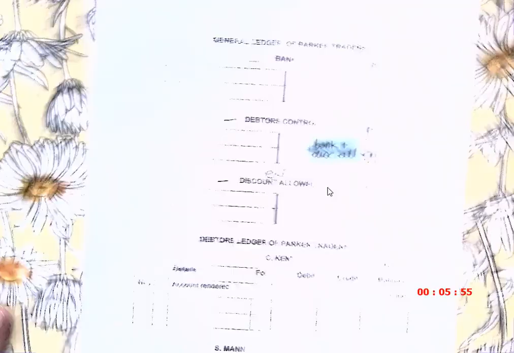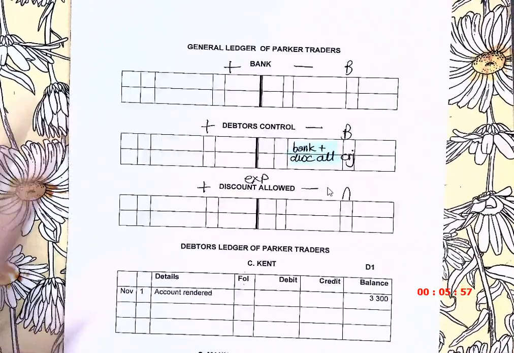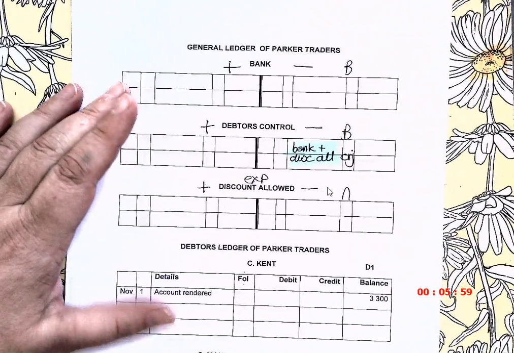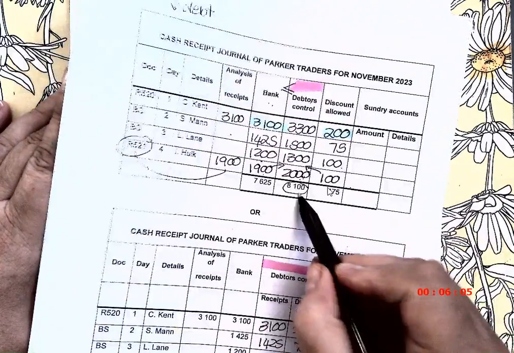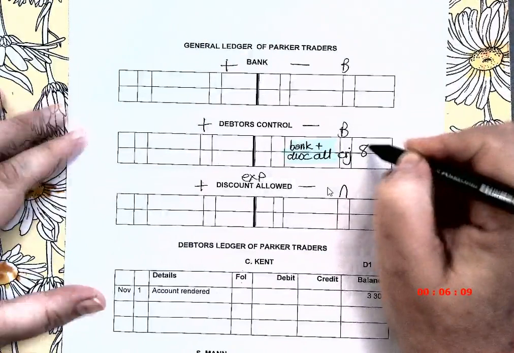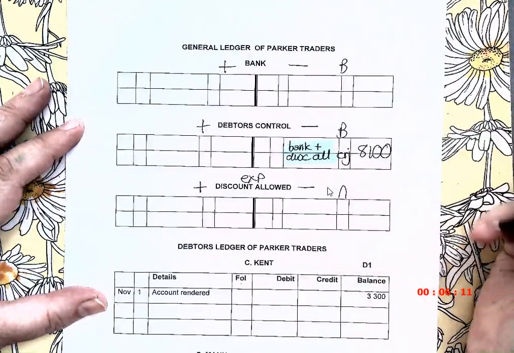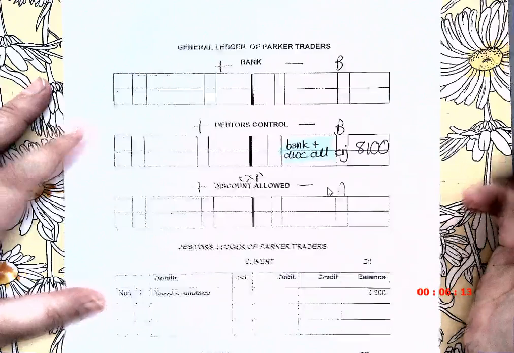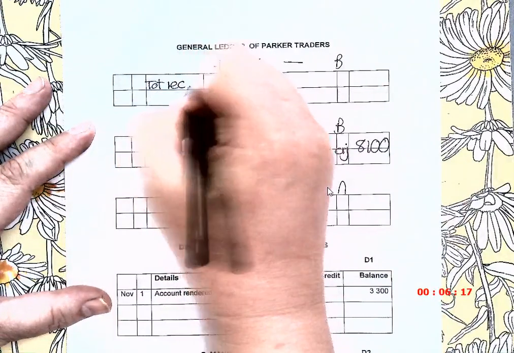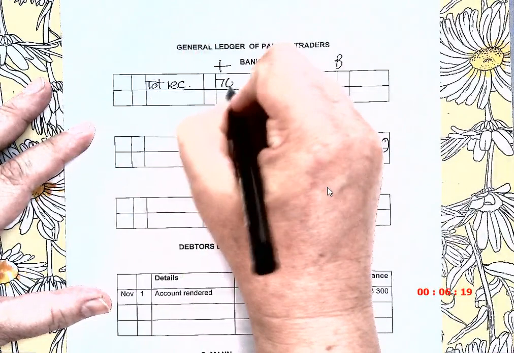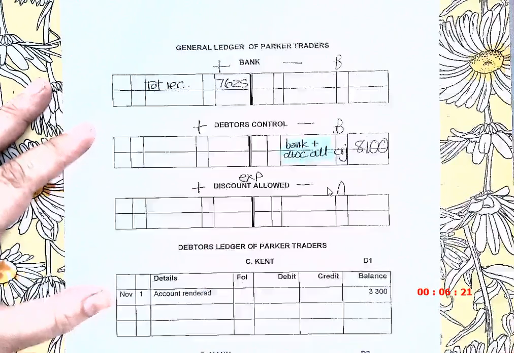I know, first of all, my debtors are going to decrease. And if I look here, I can now see how much is my debtors control? 8.1. It decreases with 8.1. My bank has got a total receipts, and if I look there, it's 7,625.